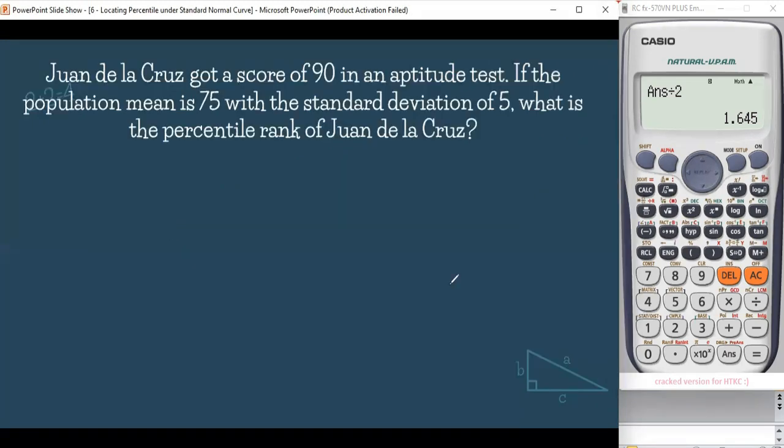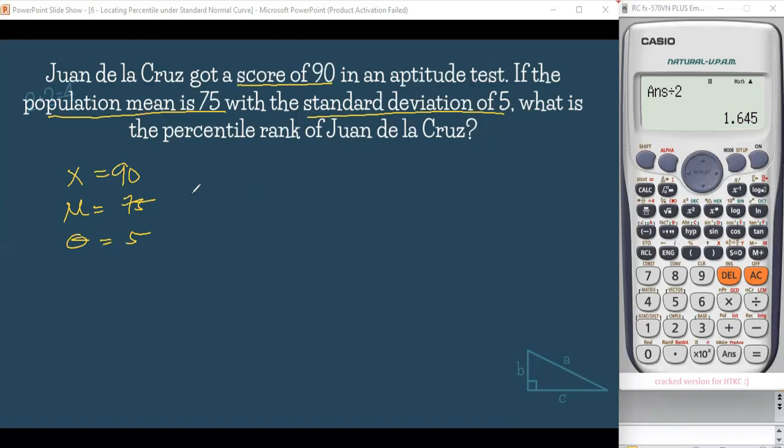For our next question, Juan de la Cruz got a score of 90 in an aptitude test. If the population mean is 75 with a standard deviation of 5, what is the percentile rank of Juan de la Cruz? Meron po tayong available na data. We have the score of 90, and that is X. We have the population mean of 75, and also the standard deviation of 5.